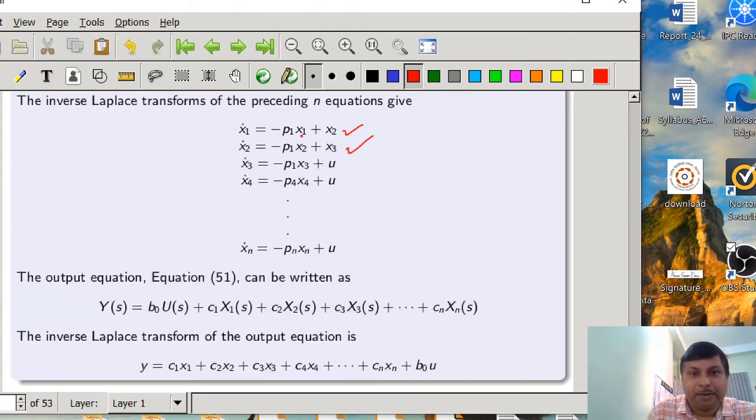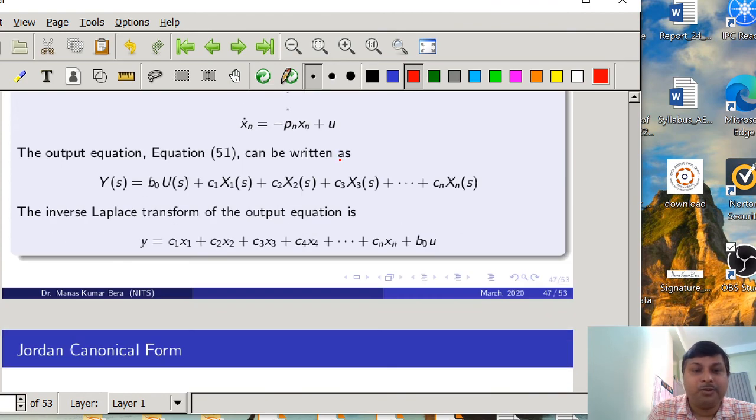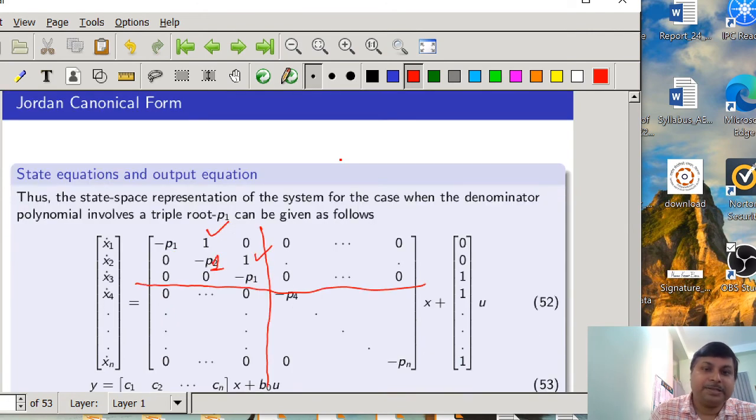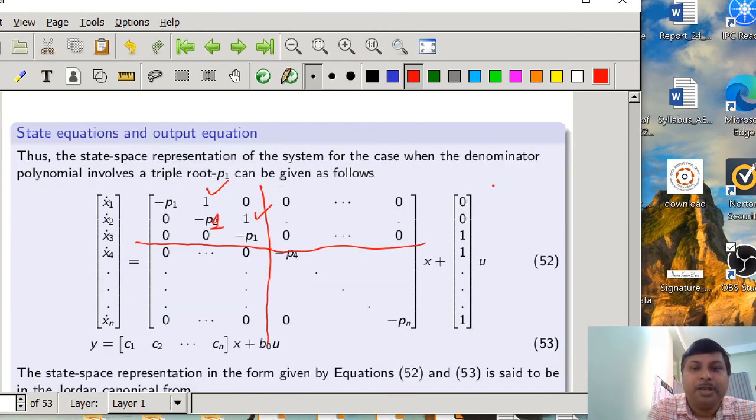This is due to the expression of x1 dot, that is minus p1 x1 plus 1 into x2, and x2 dot is equal to minus p1 into x2 plus 1 into x3. And that's why the first two terms of the B matrix are 0, and all other elements are 1, and the C matrix has c1, c2, cn.